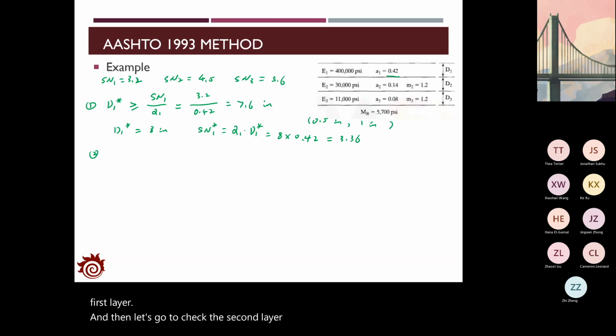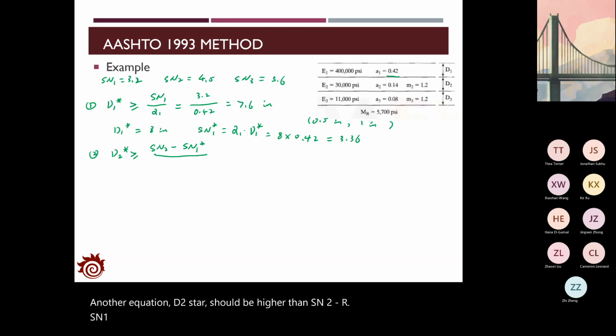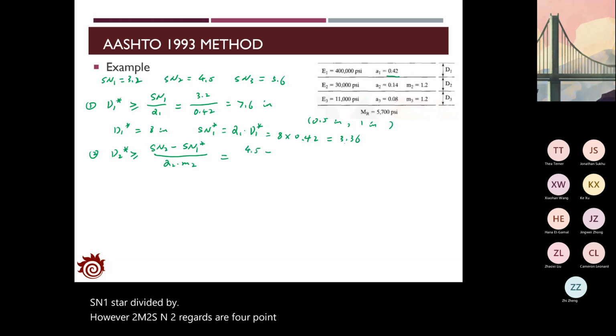For the second layer, the thickness is determined by another equation. D2 star should be higher than SN2 minus SN1 star, divided by alpha 2 times M2. SN2 we get is 4.5. SN1 star is what we estimated, 3.36.